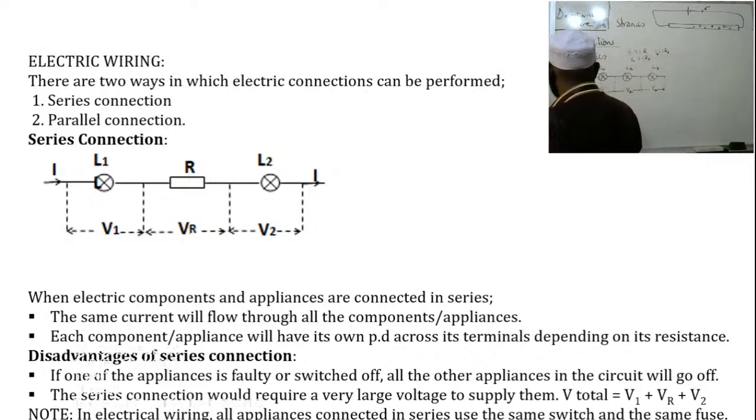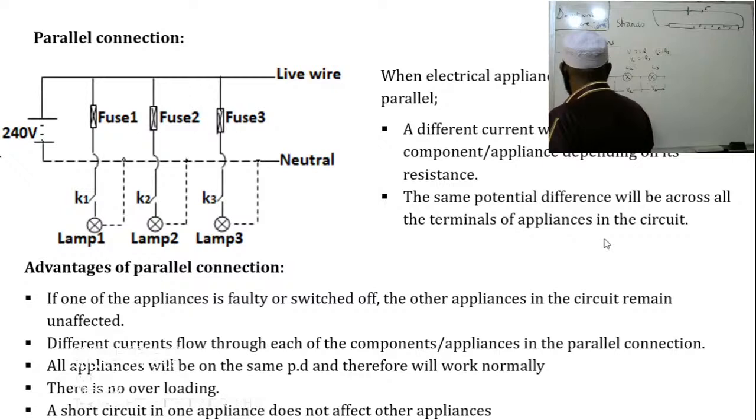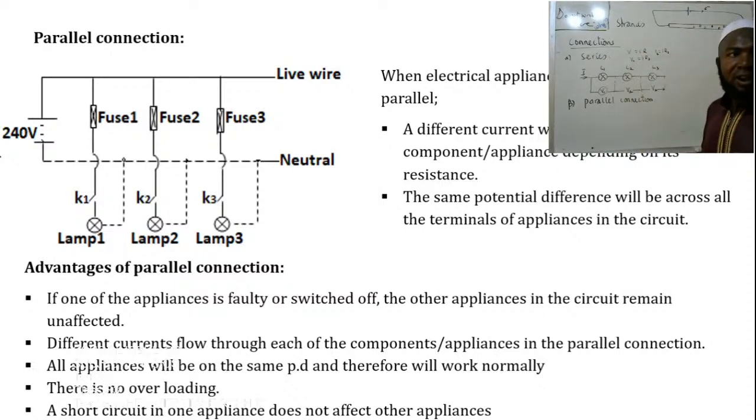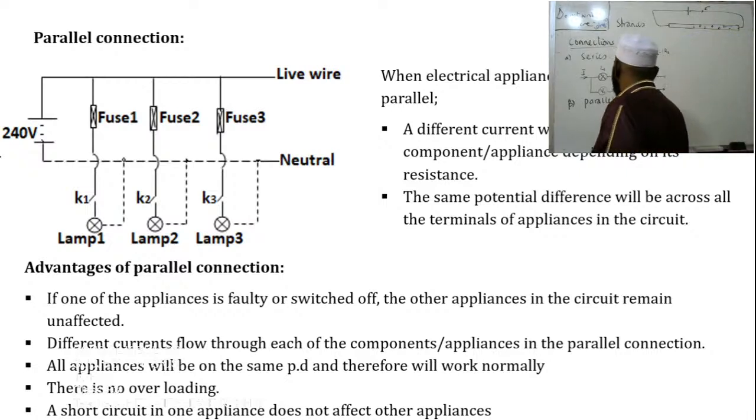Parallel connection. In parallel connection, we get two wires. We get the live wire and the neutral wire.